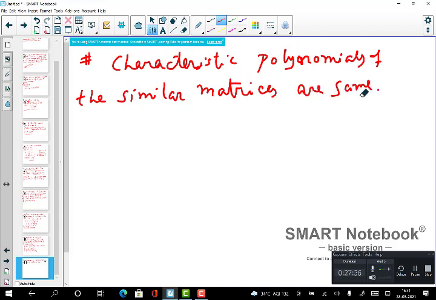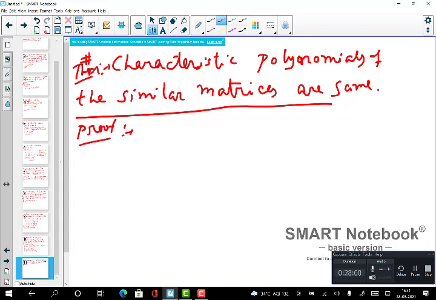So it doesn't matter which basis you choose, the matrices corresponding to different bases will be similar. And if you know this theorem that characteristic polynomials are actually the same for similar matrices, then we are done, right? Then you can define it by the same method. Now how do you prove this? So let me assume that you have two matrices, A and B. A and B are two similar matrices.